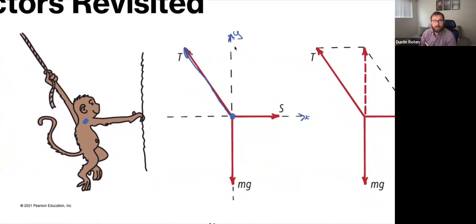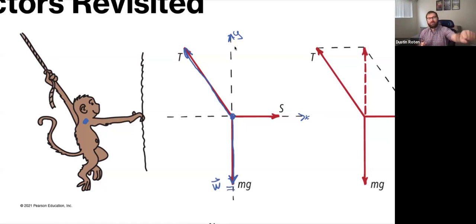Okay, we have tension going up. Now we also have the weight of the monkey, because it does weigh something. Okay, that's going down, as always, toward the Earth. And we can even just call this W and not worry about mg, even though it's the same thing.